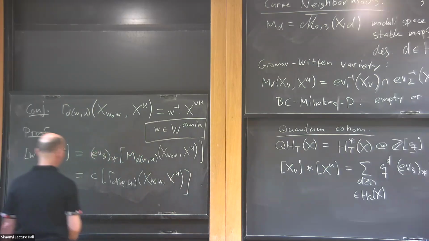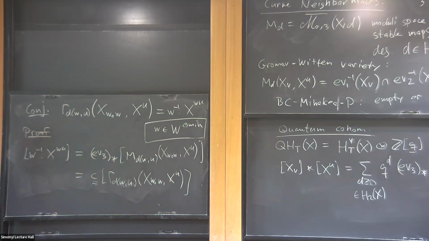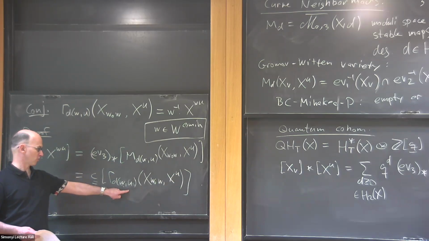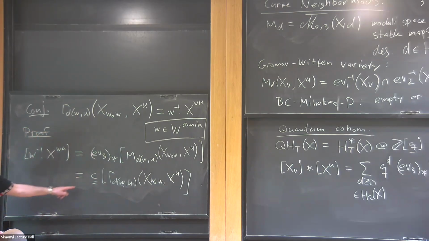This is equal to that times some constant, where this constant is just the degree of the third evaluation map from the variety to the curve neighborhood. That will have some degree, that will be the constant C.